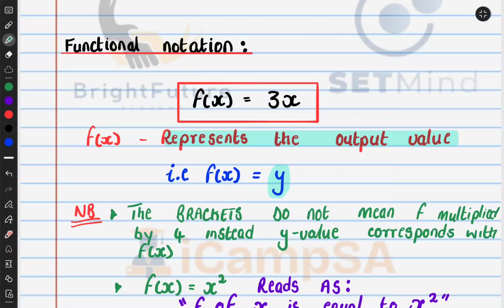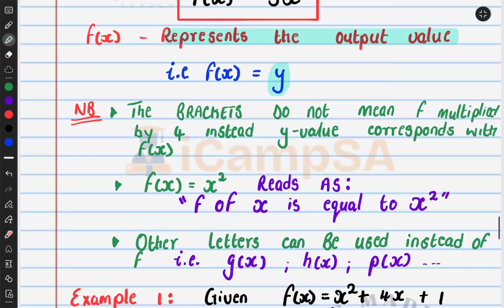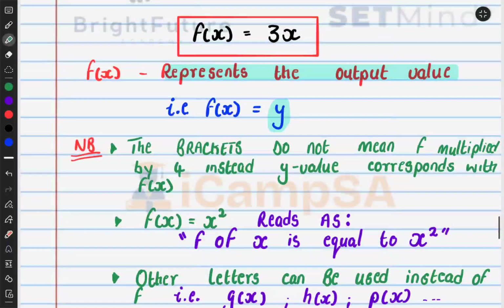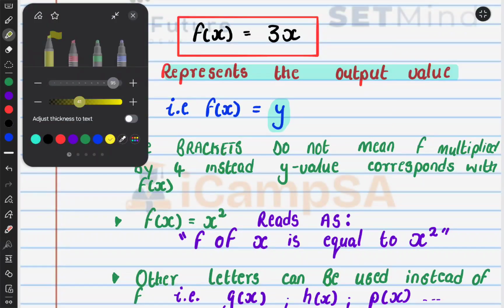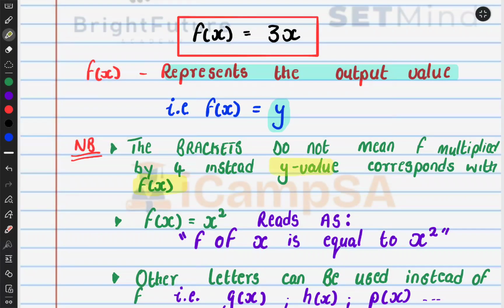This doesn't mean that you should multiply f with whatever is inside the bracket, but instead the y value corresponds with f of x, the output value of our function. So those brackets don't mean that multiplication must be done.